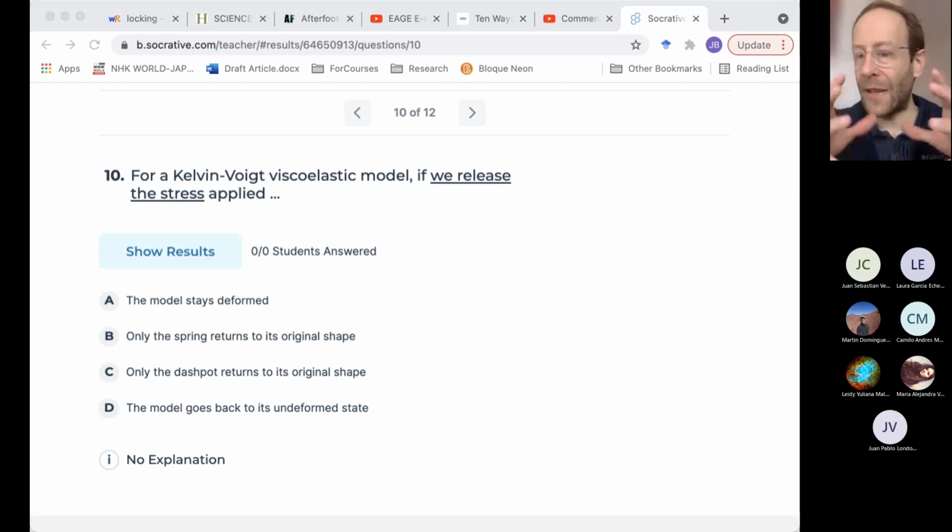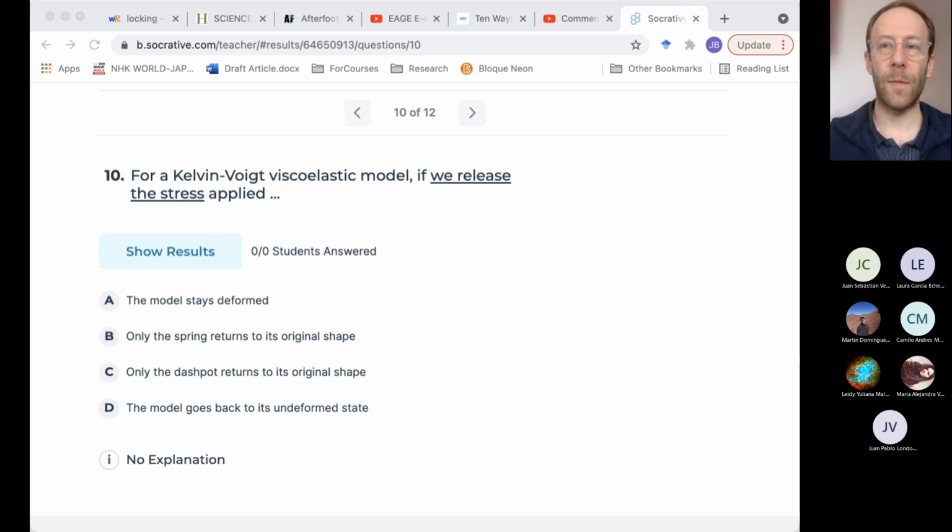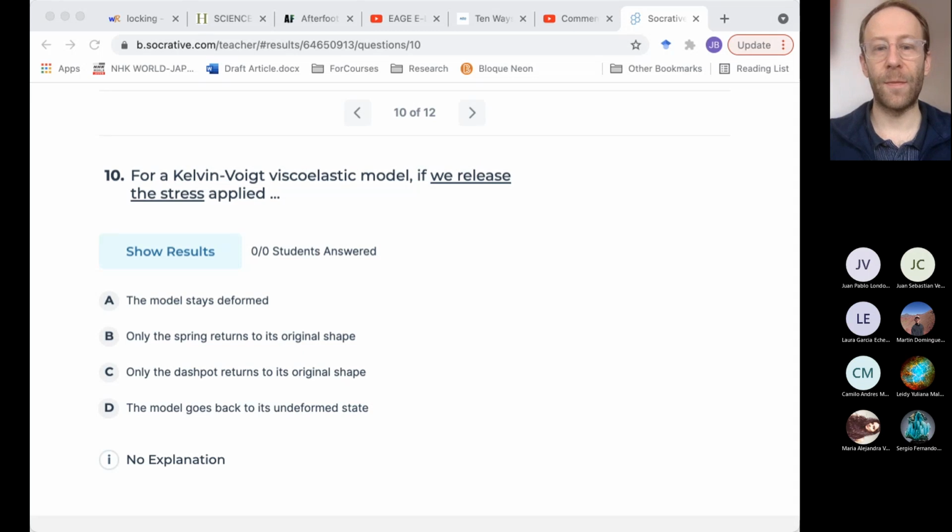But since the dashpot cannot release instantaneously, it cannot deform instantaneously. So the spring is going to act on the dashpot in order for it to go back to its original shape.